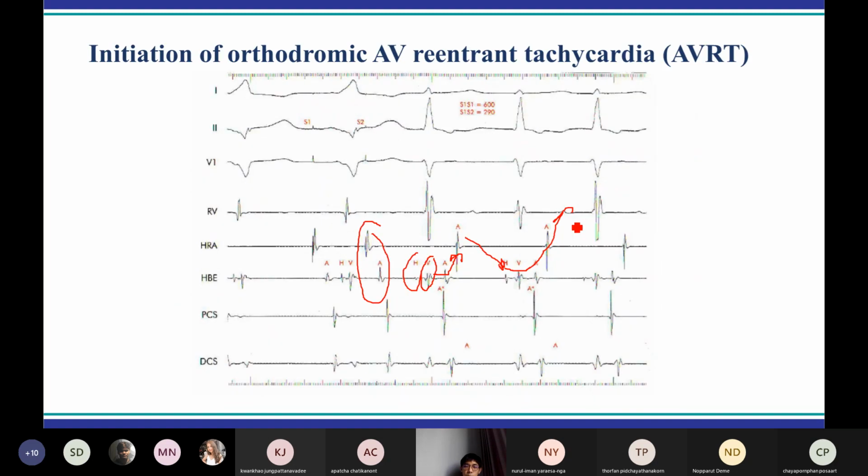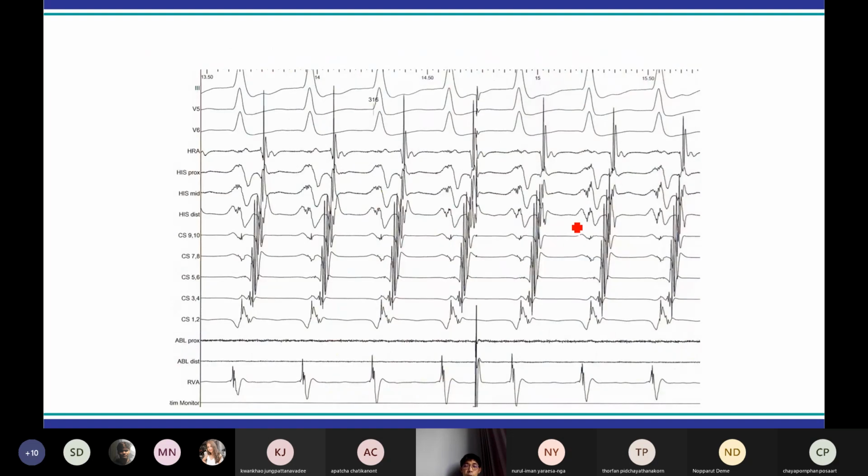So after we initiate the tachycardia, it is similar to the last session. We have initiated a narrow complex QRS tachycardia. The next thing we have to look for is the pattern of retrograde atrial activation. Can anyone tell me what is this pattern of retrograde atrial activation?